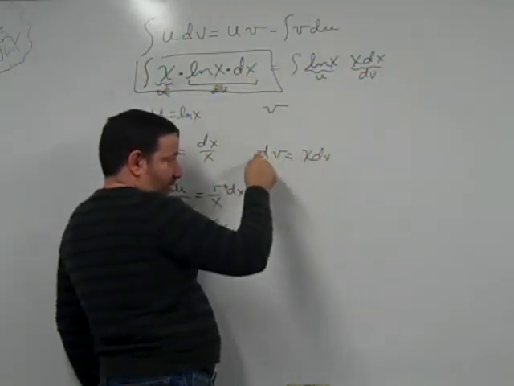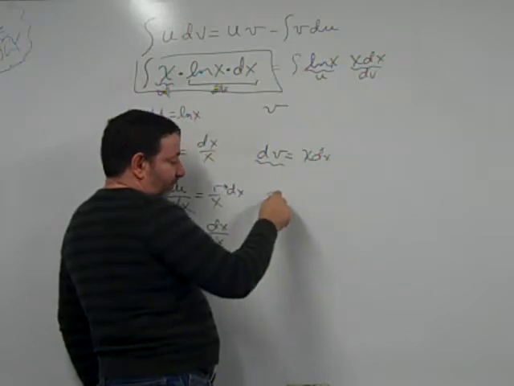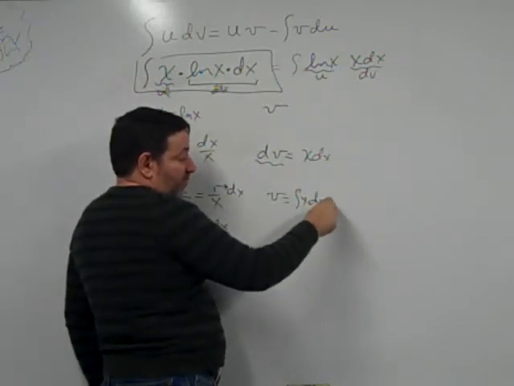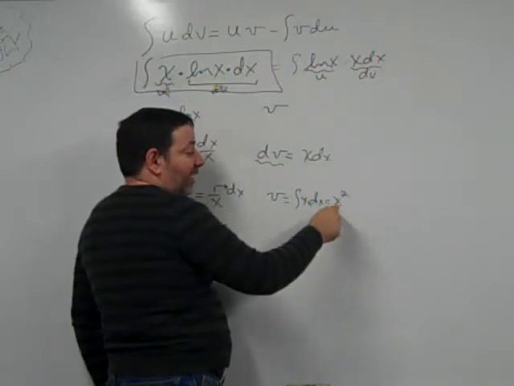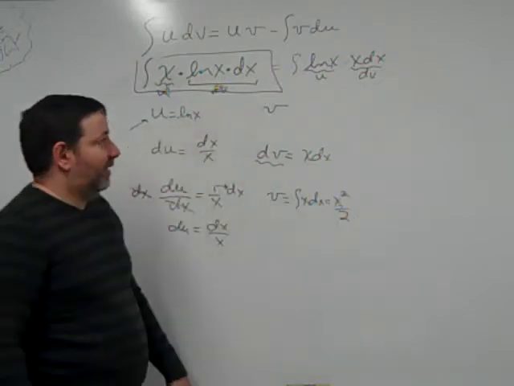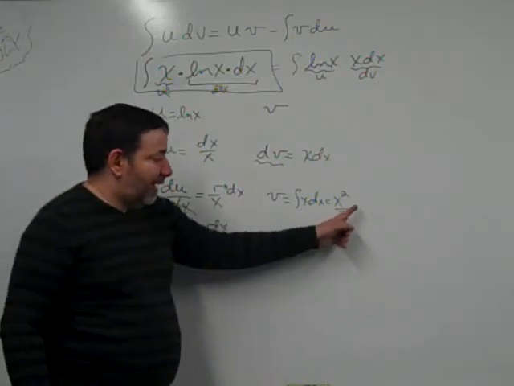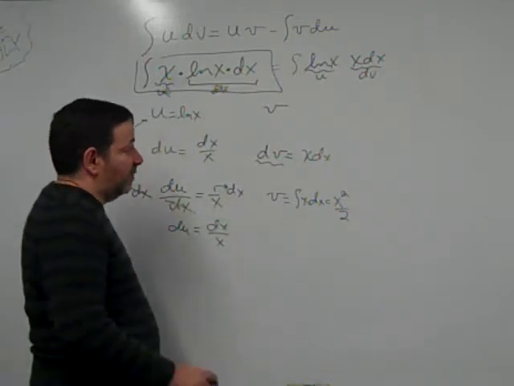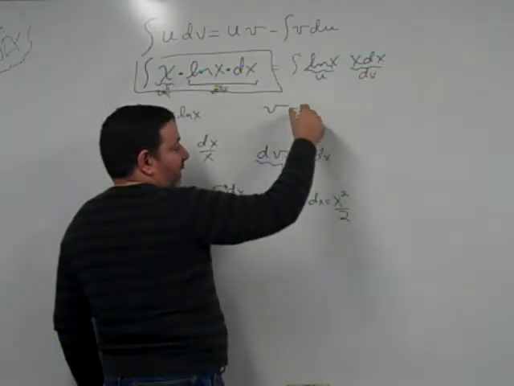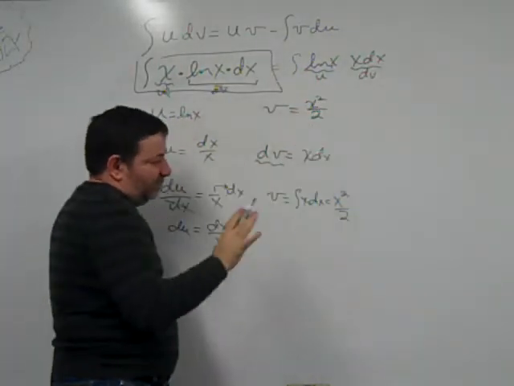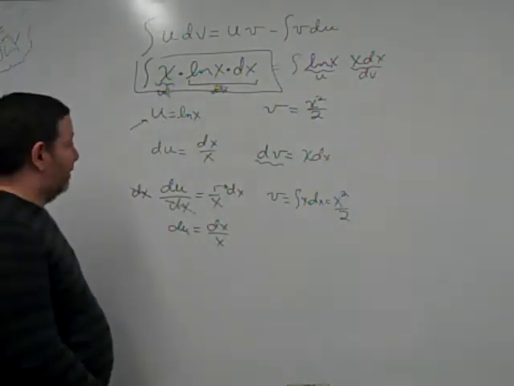Well, if I integrate this, I get v. If I integrate the right side, that's the simple one, I get x squared over 2. Now sometimes it really matters what constant you add, but 9 out of 10 times or 99 out of 100 times, don't worry about the constant.